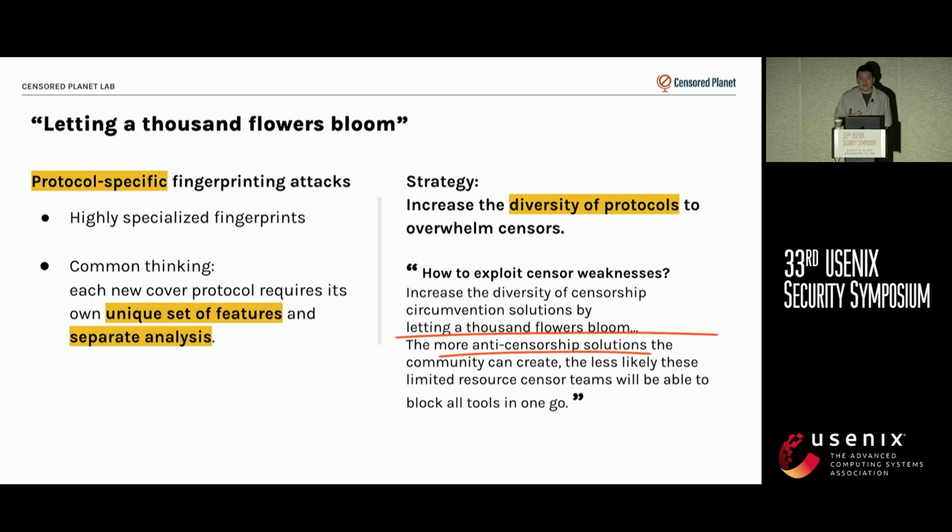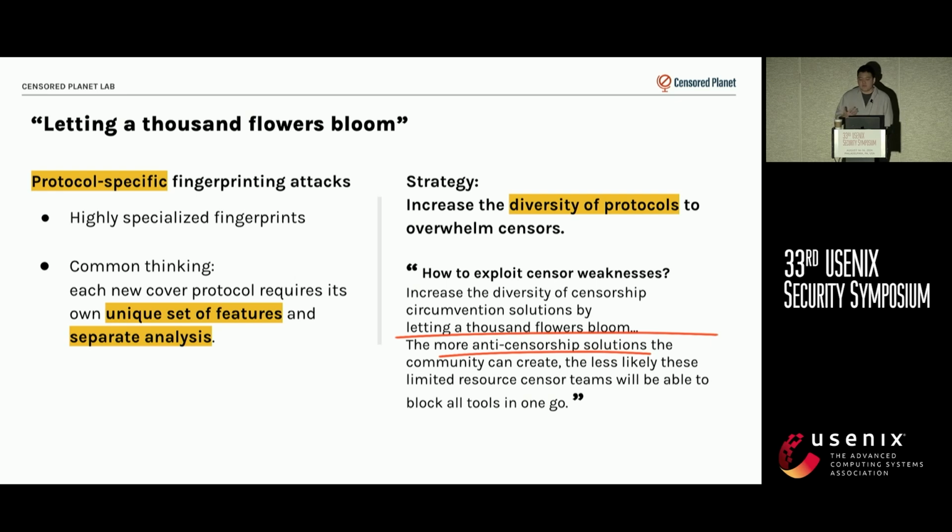I want to emphasize how these attacks are protocol specific. Almost all of them rely on very specialized fingerprints. A fingerprint for Shadowsocks, for example, wouldn't work for Snowflake. The conventional wisdom is that each individual cover protocol would require its own unique set of features and separate analysis process from censors to develop these specialized fingerprints.